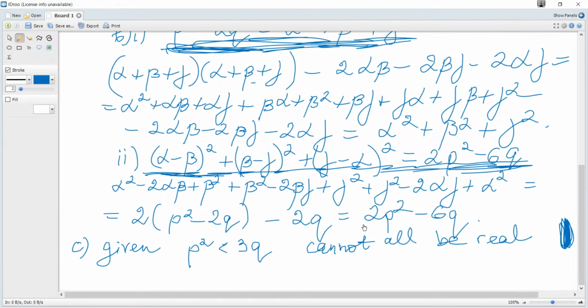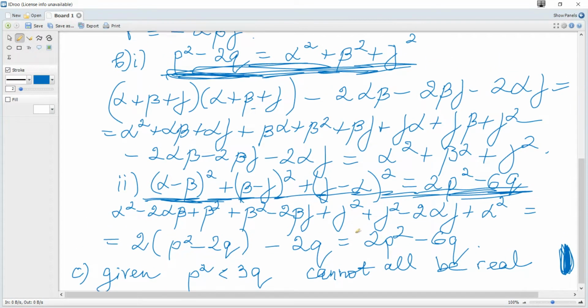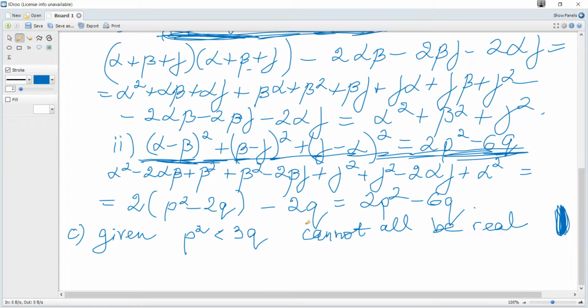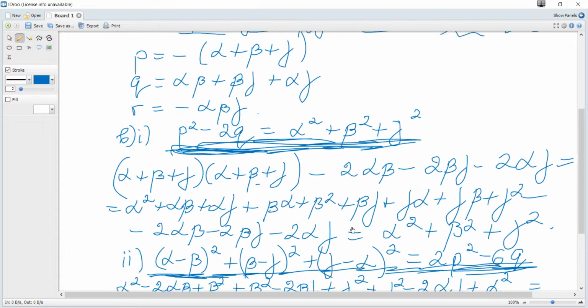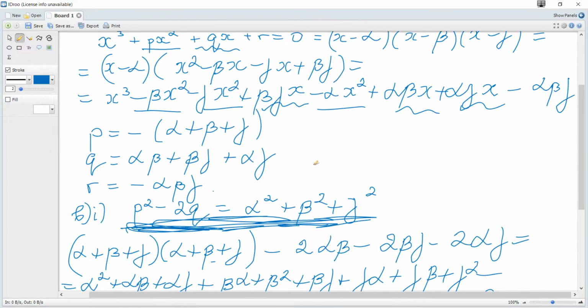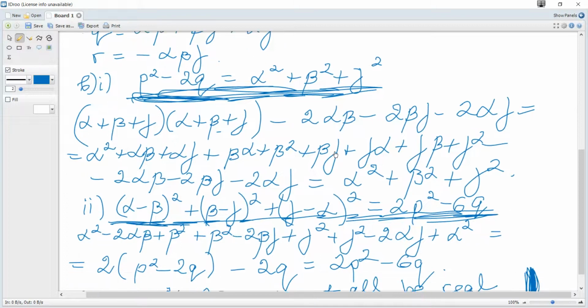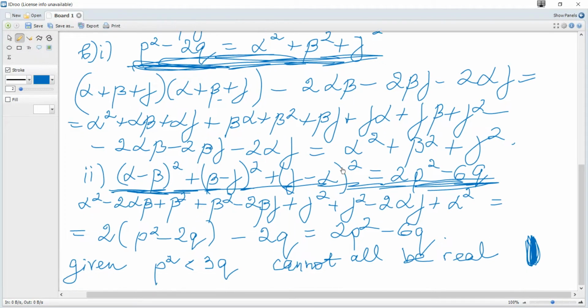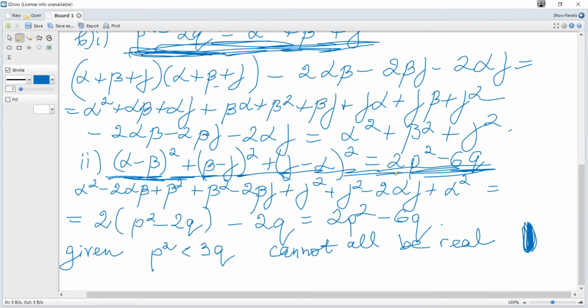So, if we consider the previous result, and it is assumed that it is given initially that roots are real, we get that 2p squared minus 6q is equal to this.